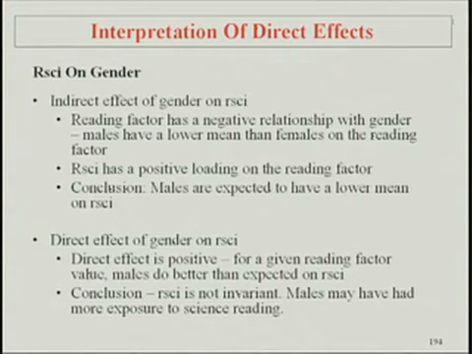So our conclusion is that reading science is not invariant. And if you want to try to add some explanation to that, you might say that males have had more exposure to science reading or something like that. But I have no idea whether that has anything to do with it. We try to give you the way of thinking, and you have to fill in the blanks based on your knowledge of your substantive area.